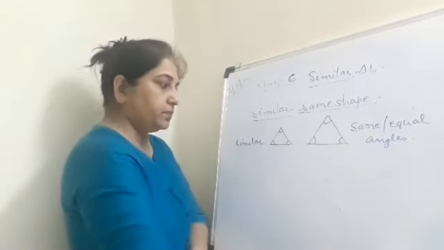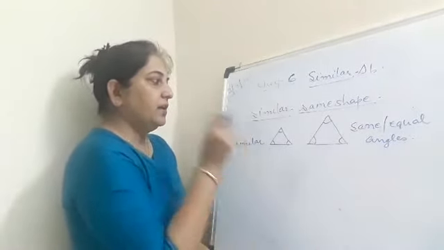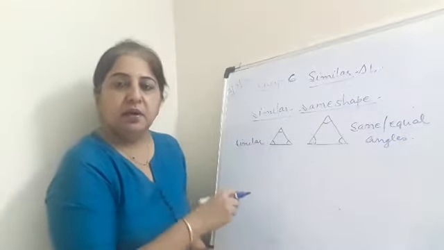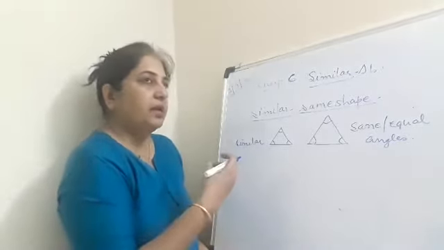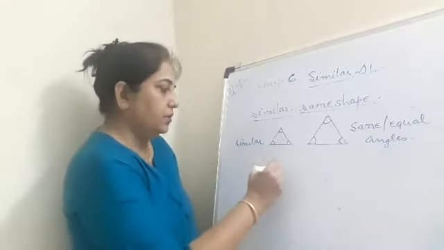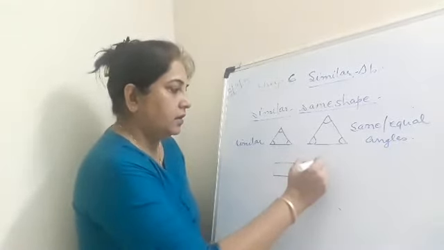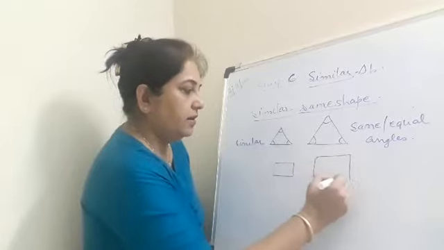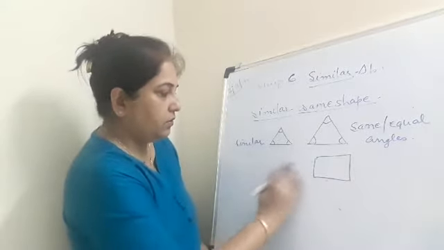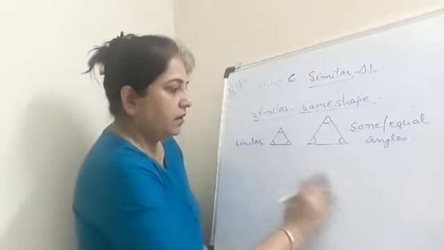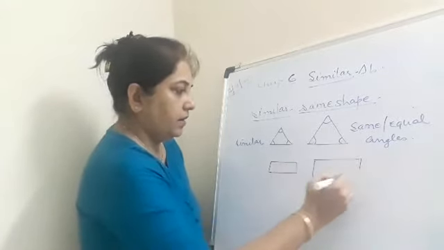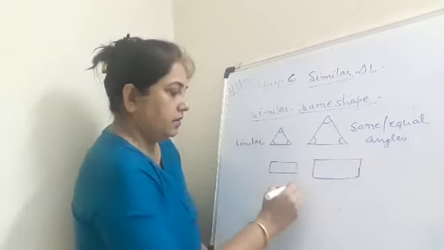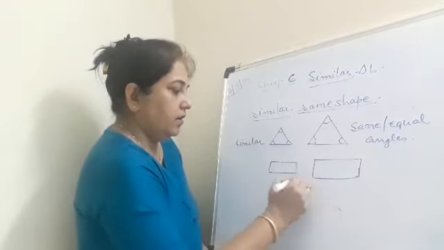Now, we can have similar triangles, similar circles, similar line segments, and similar squares. This is another example of similar squares. If I make a rectangle, these are similar rectangles.